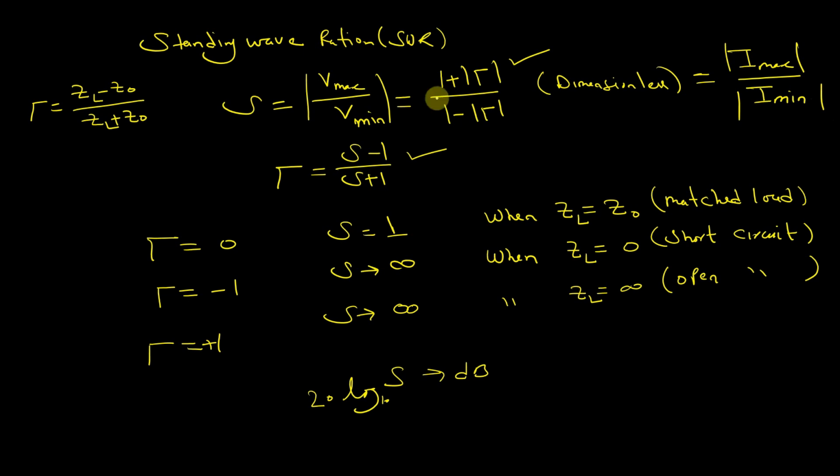One another term related to this is the input impedance. Input impedance is the ratio of voltage and current. The maximum value occurs when you have the maximum voltage and minimum current, and this will be equal to S times Z_0.